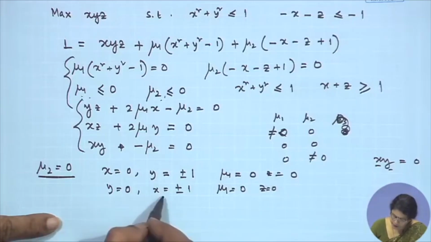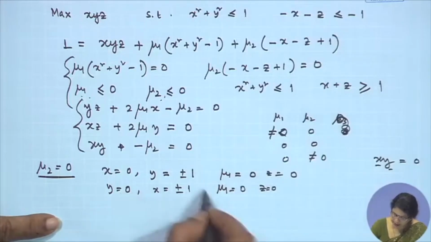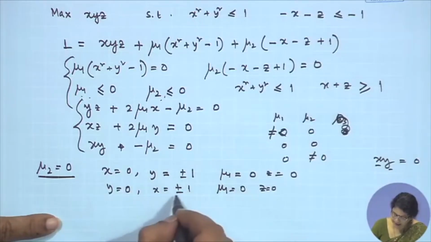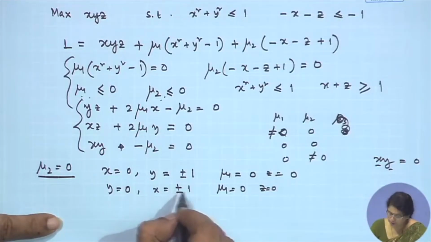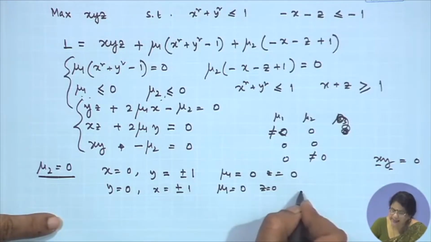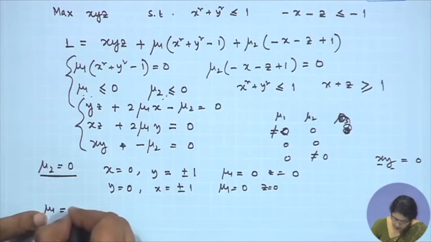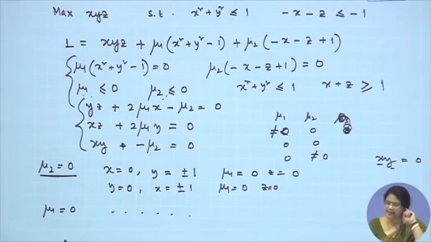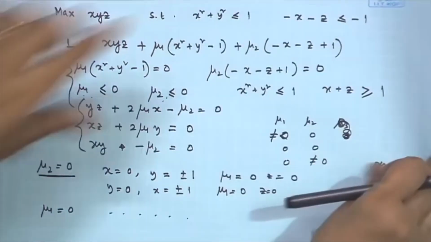If you substitute the values here, x plus z greater than 1 is not satisfied in the first case, but in the second case it is satisfied. That is why we get a set of KKT points here. If mu 1 equal to 0, we will get another set of KKT points, and if mu 1 and mu 2 are not equal to 0, we will get another set of KKT points.